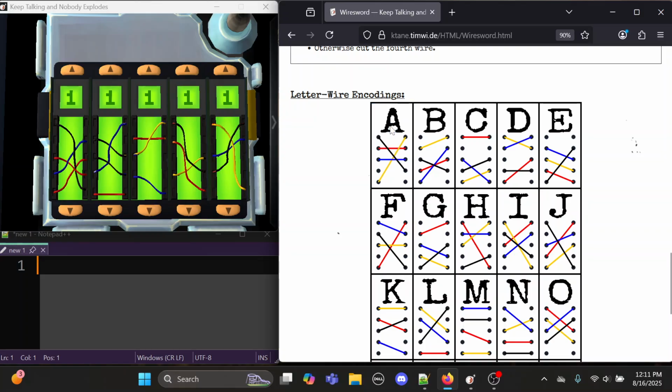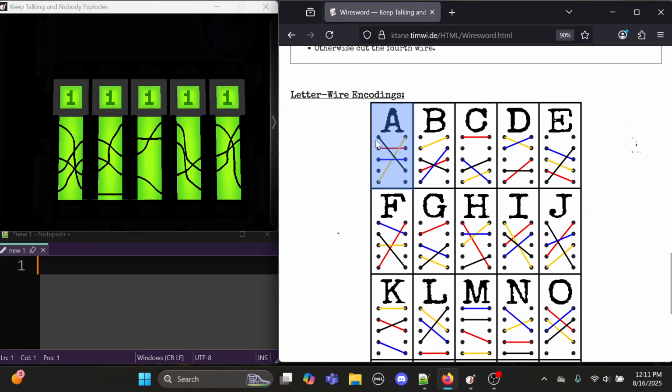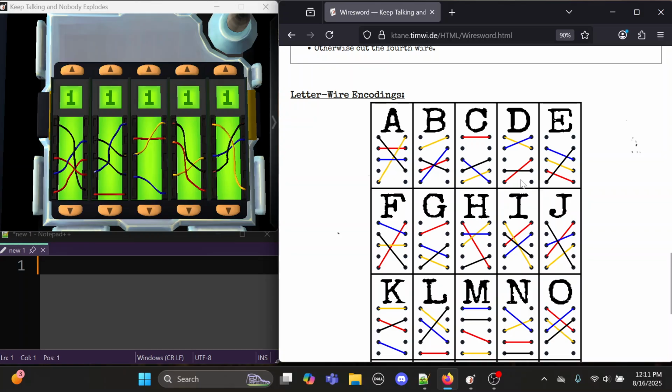So in this case, with alpha, if it is a red going from point 2 to point 2, that's an alpha. If it's a blue going from point 3 to point 3, that's an alpha. If it's a black going from 1 to 4, that's an alpha. And if it's yellow going from 5 to 1, that's an alpha. The same goes for every single letter, how they have a different combination associated with it based on the color of what's present on the module.